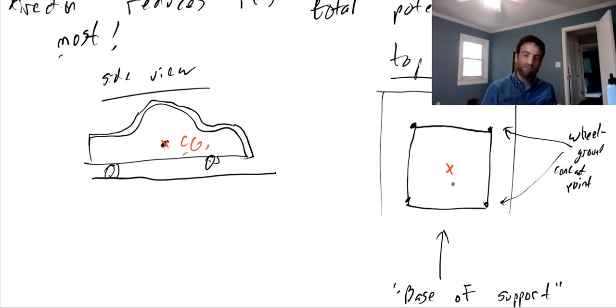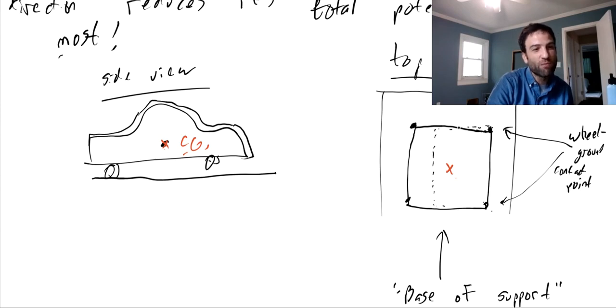And the reason for that rule of thumb is just geometry. If that condition is satisfied, then if you tilt the object up, the force of gravity will act in such a way to restore the object back down to where it was starting. So this is a rule of thumb for rotational static stability. Is an object going to topple over or not? On the other hand, if this car starts leaning off the ground, so that the base of support looks like this, well, it's still statically stable.